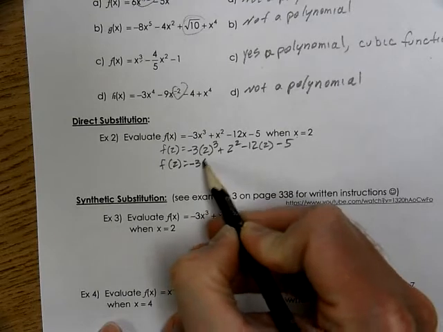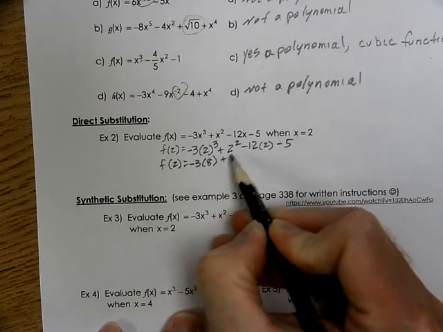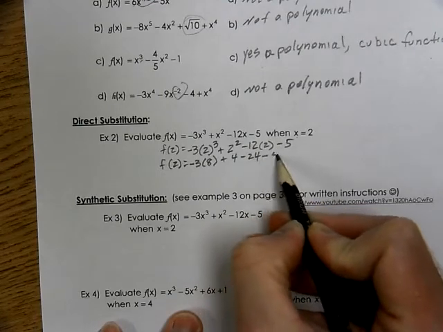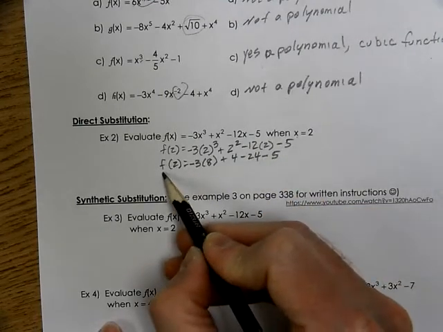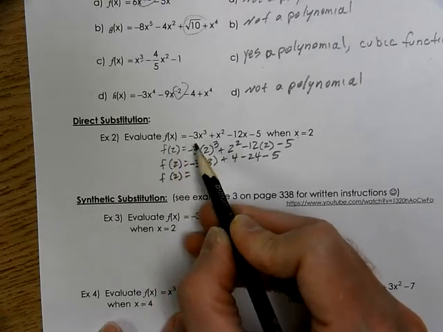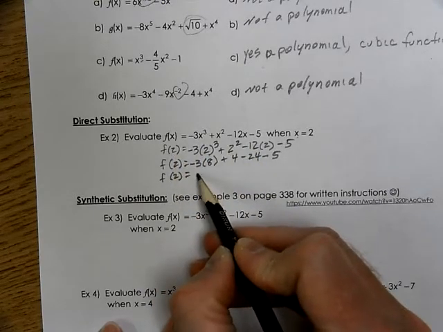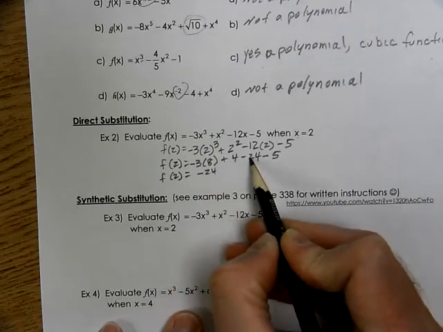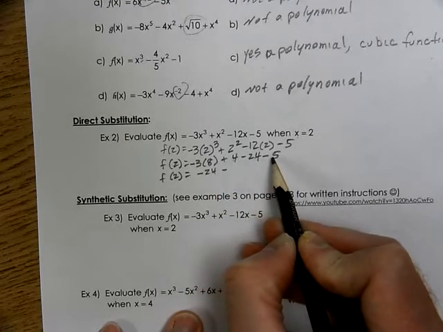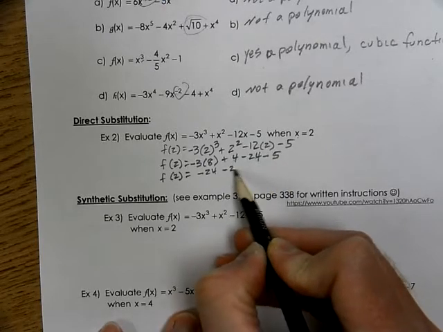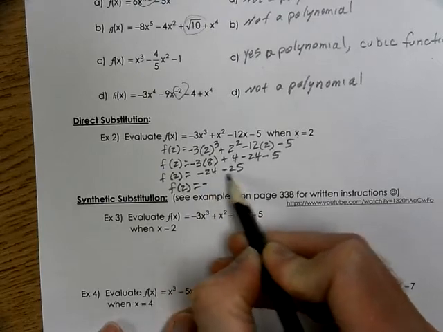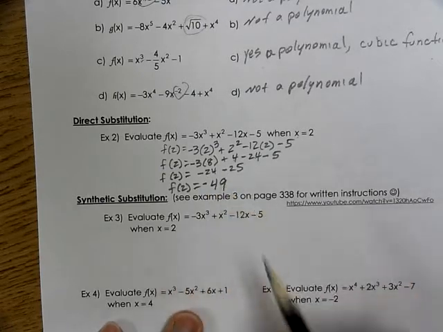We call that negative 3 times 8 plus 4 minus 24 minus 5. f of 2. When I plug 2 into all my x's, I get negative 24. This would be negative, that would be negative 20, negative 25. So I see that f of 2 is going to be negative 49.